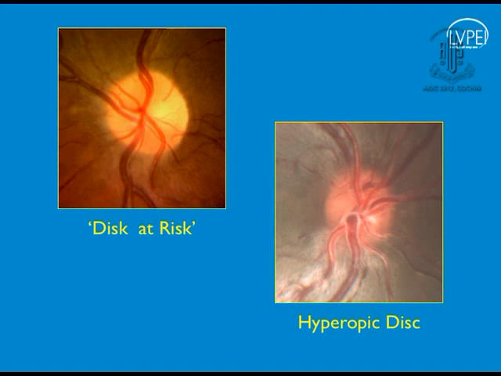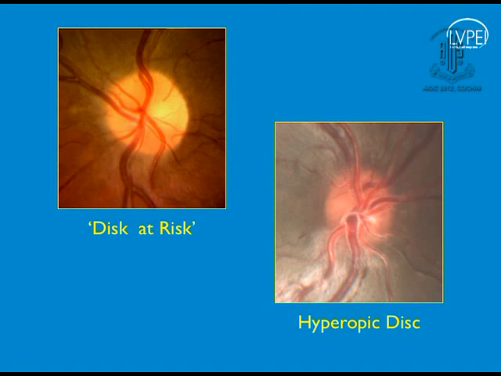This we often see. A classic disc at risk is one which is a small disc, and this disc is prone for ischemic optic neuropathy. Now because the disc is small, you may have obliteration of the cup, and you also may have heaping of nerve fiber layer that is classically described as disc at risk.